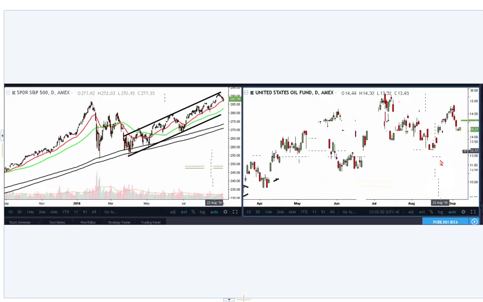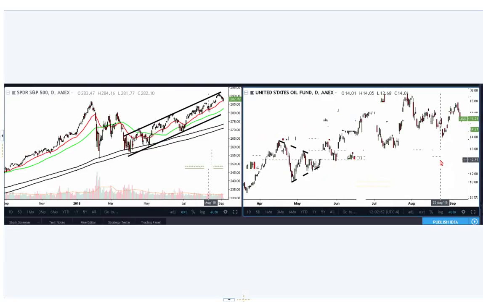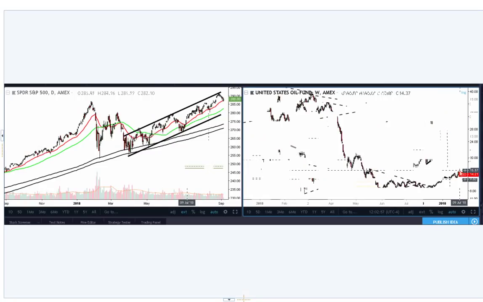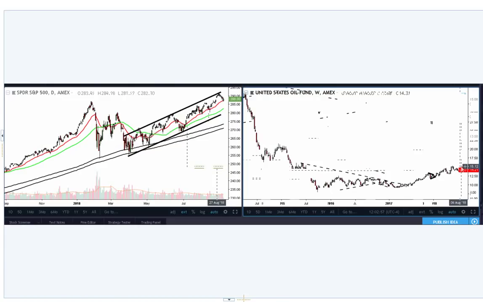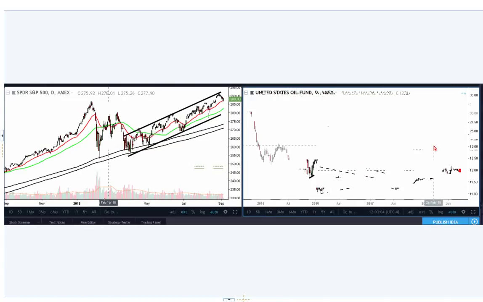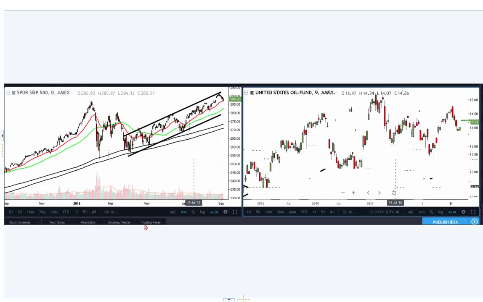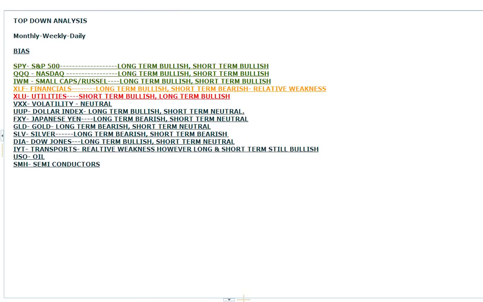All right, USO. Man, I'm gonna say neutral on this because it's a very tough pattern right now. Neutral. Let's take a look at our semiconductors, SMH.